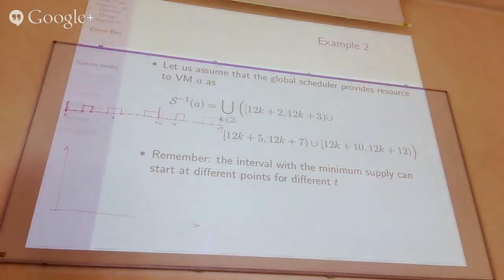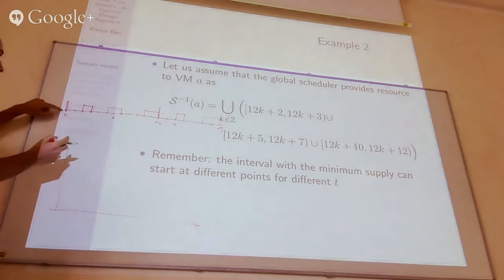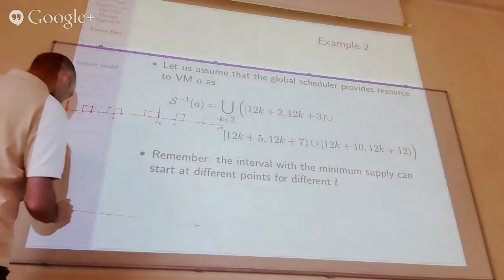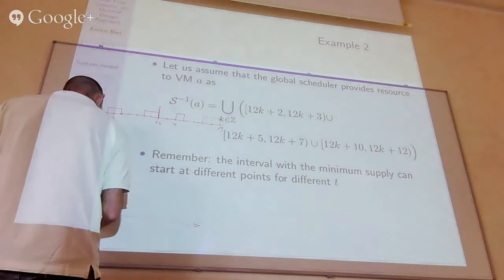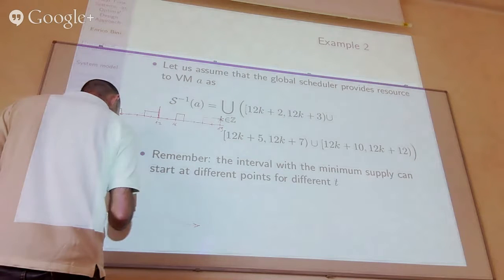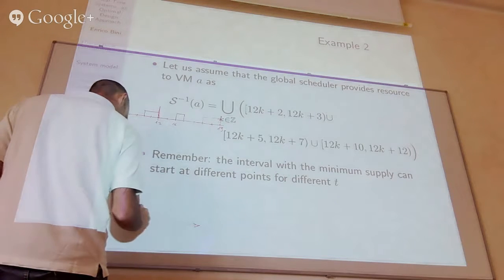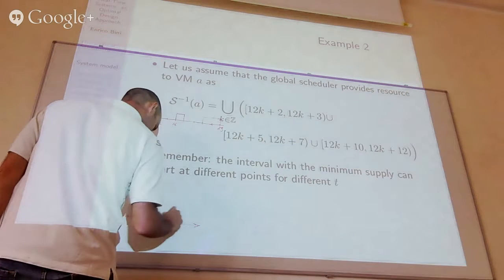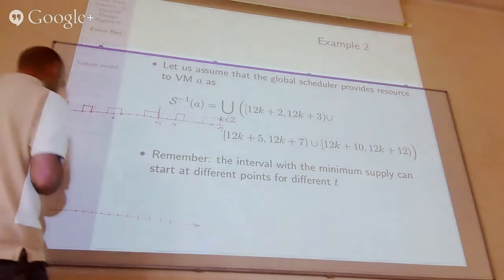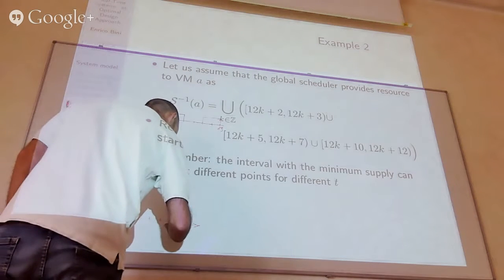If we start here and integrate, basically we get a flat. I want to try to do it properly. 3, 4, 3, 7, 8, 9, 10, 11, 12, then it repeats. So it is 12.